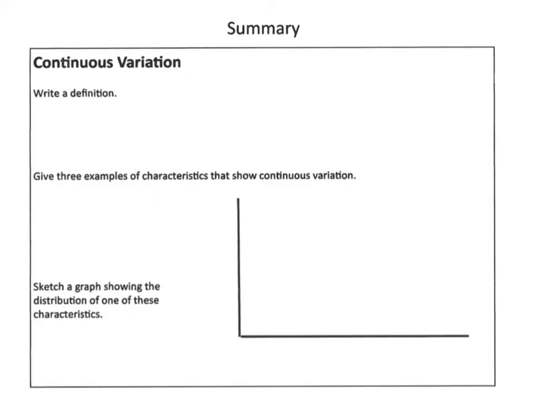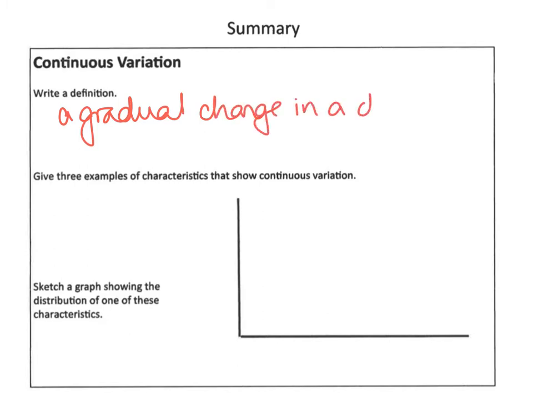So we need to write our definition. So we said it's a gradual change in a characteristic across a population.